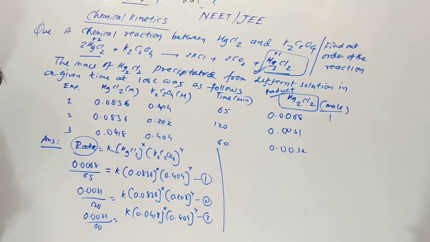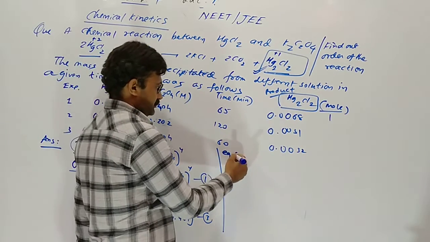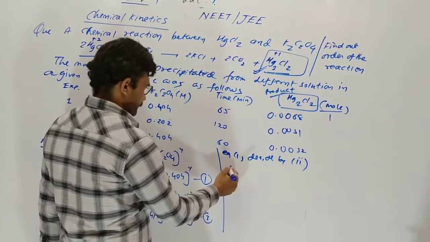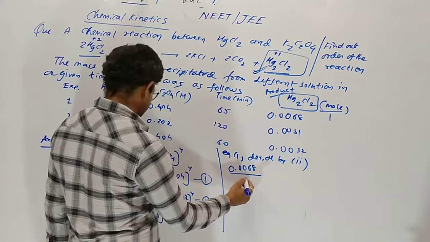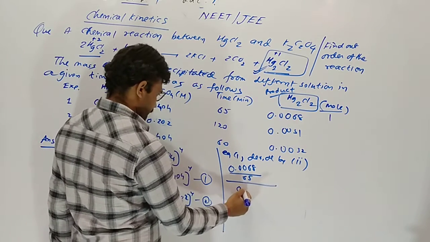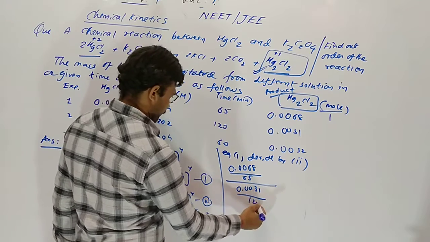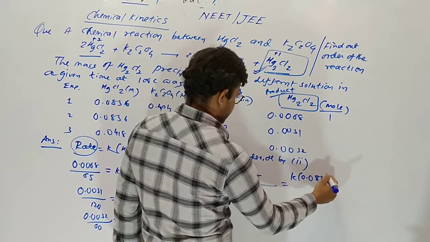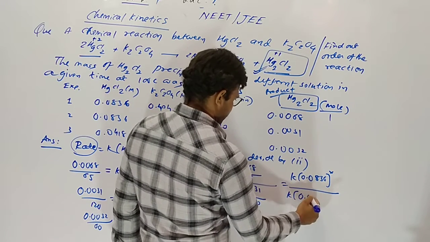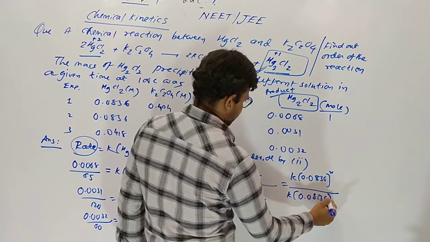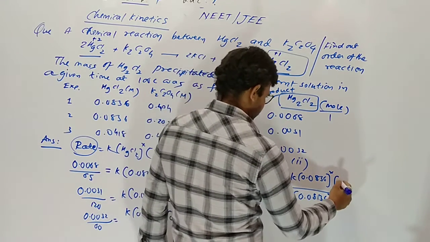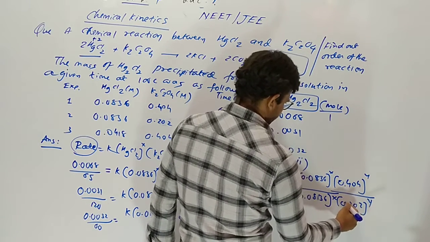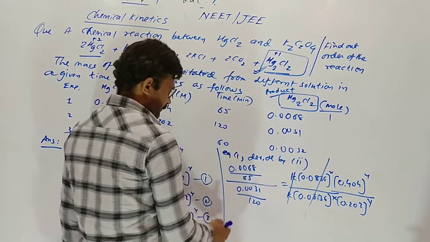Equation 1 dividing by 2. So 0.00068 by 65 upon 0.0031 divided by 120 equals K 0.0836 raised to x, 0.404 raised to y over K 0.0836 raised to x, 0.202 raised to y. This will cancel.